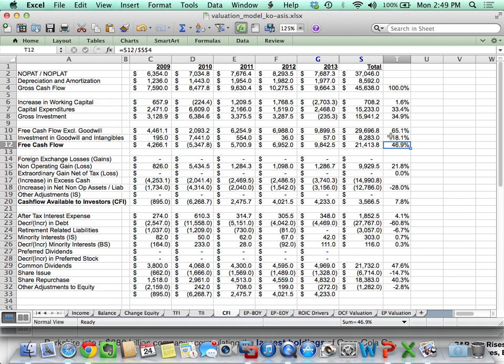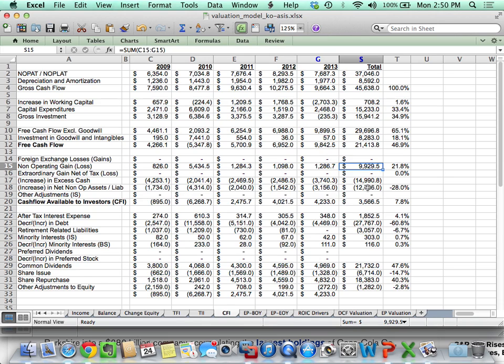Non-operating cash flows. Coke actually increased its excess cash balance by almost $15 billion. Coke also increased its non-operating assets by almost $13 billion, $12.8 billion. Coke also got a $9.9 billion, or about a $10 billion, non-operating gain.